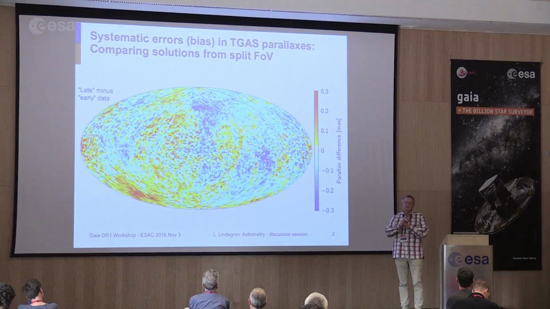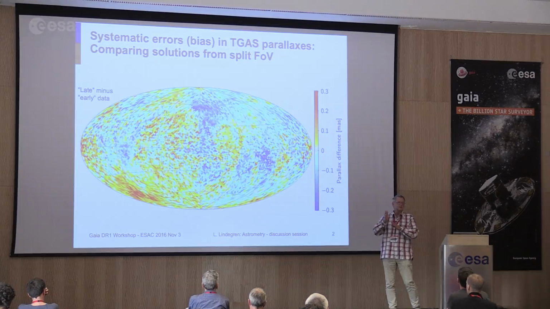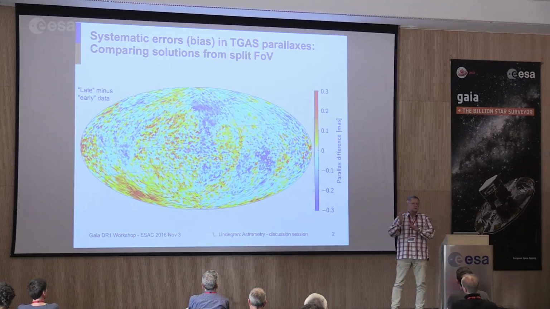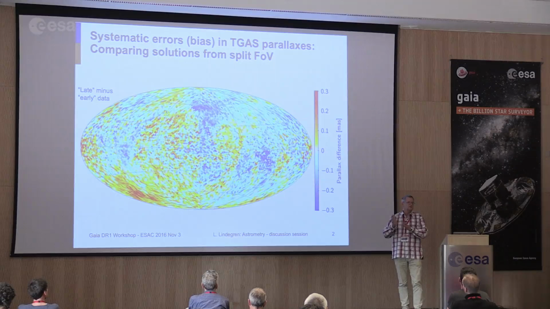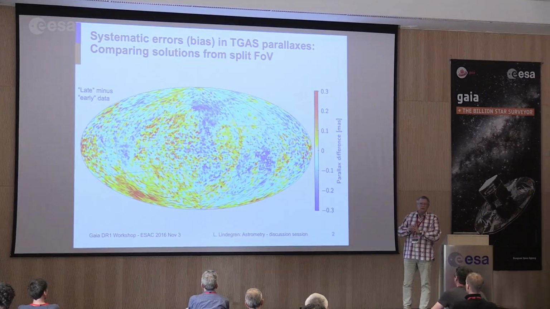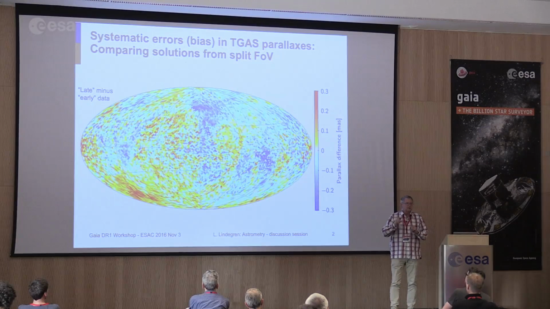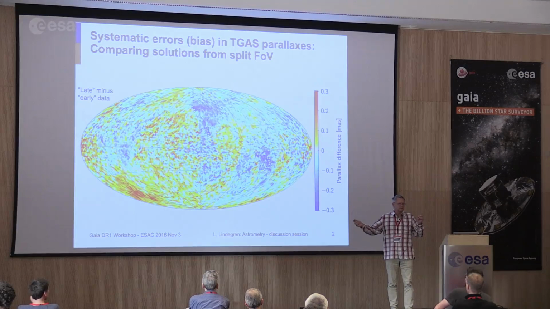And that means that even if you have, for example, for blue stars, a systematic displacement always in the same direction in the field of view, when you do these different linear combinations, it will give a different parallax bias. And this will also be different for stars of different colors, of course. And one way of testing that is actually to look at what happens at opposite sides of the sky.